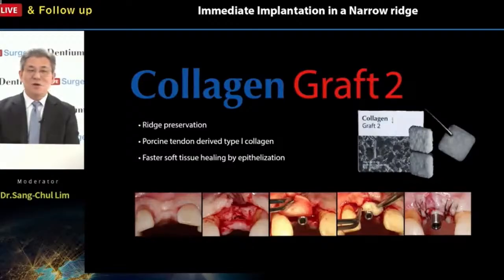We can use it for ridge preservation or ARP, the GBR procedure, and contour augmentation. There are many usages for this Collagen Graft 2, and it is porcine tendon-derived type I bone collagen. It means an optimal collagen degradation timing and ratio when you use Collagen Graft 2 in the defect.